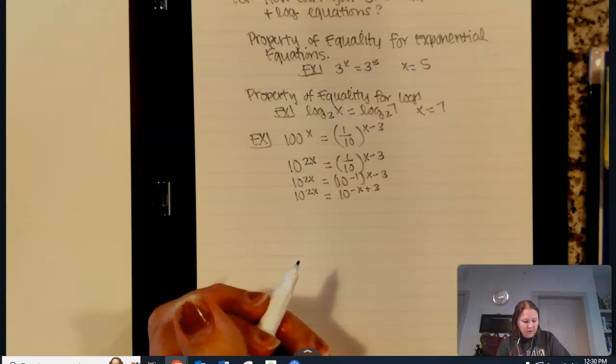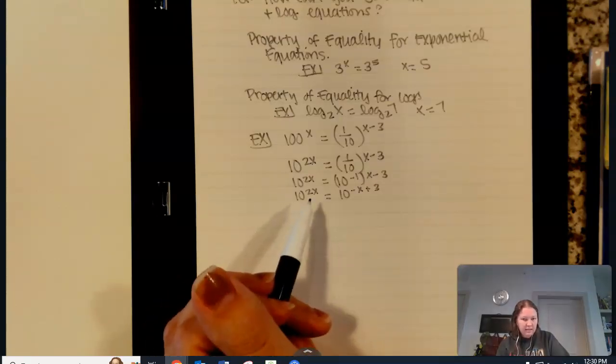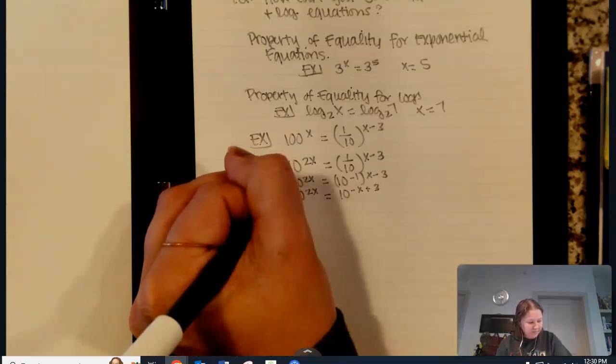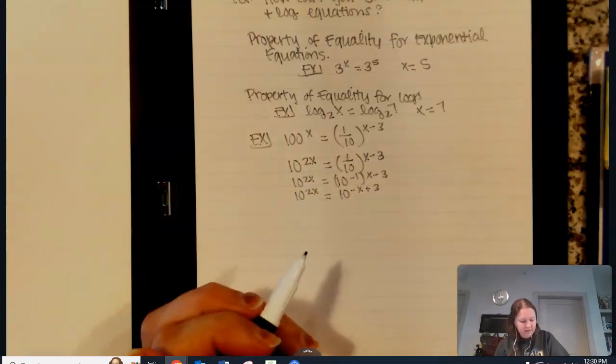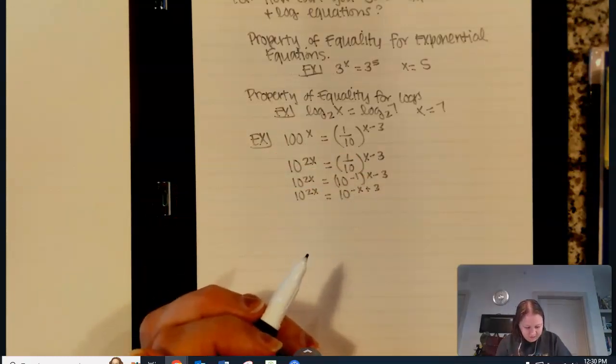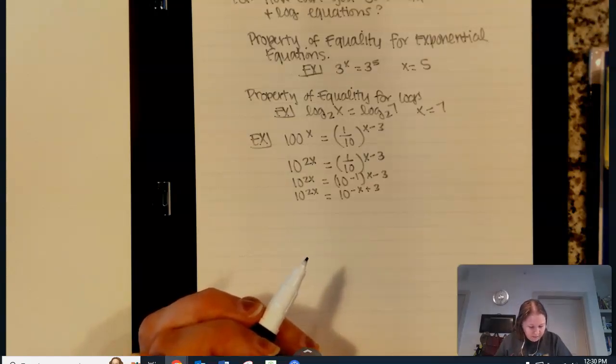Great. So now that I know how to get here, I can just take log base 10 of each side, and I can get to the x's that way because that's what the inverse is.